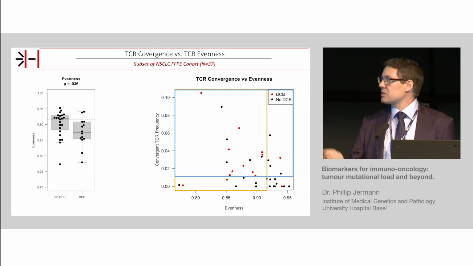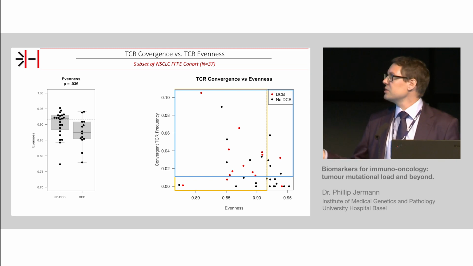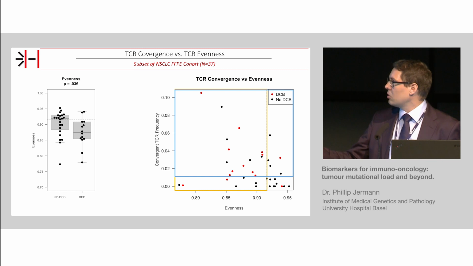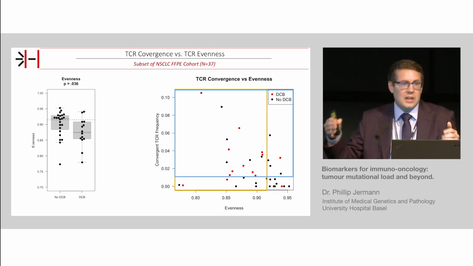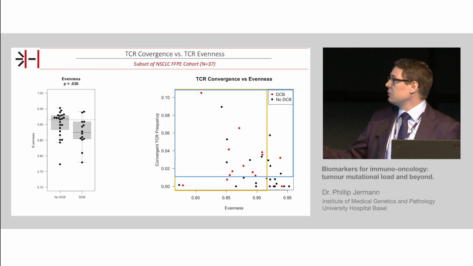Now, what about evenness? How does evenness compare to convergence? Here we compared the two. On the x-axis, we look at evenness, y-axis, convergence. Again, if we look at convergence only, those are the patients that we would consider, based on the calculated cutoff, as potential responders. Again, we do catch most of the responders.